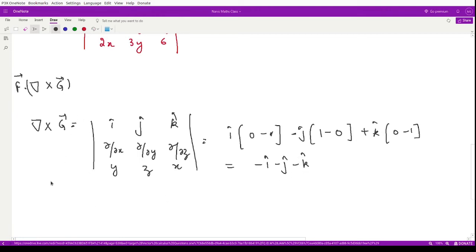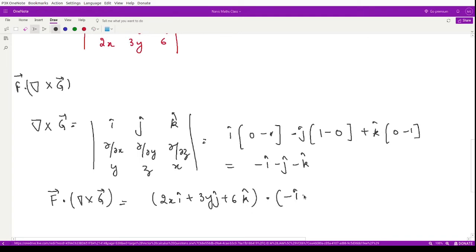So next thing is you are to take the dot of this vector with vector f. Now what was your vector f? It was 2x i cap plus 3y j cap plus 6k cap, dot with the computed vector, that is minus i cap minus j cap minus k cap. So that is nothing but minus 2x minus 3y minus 6.